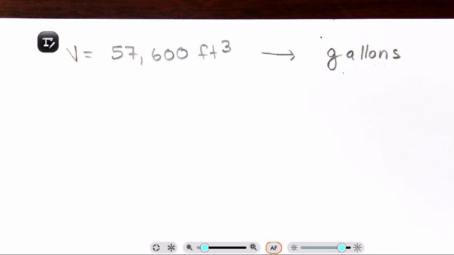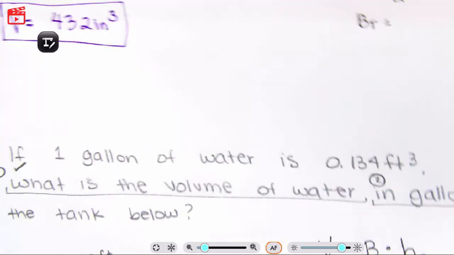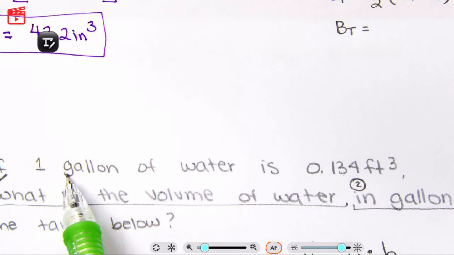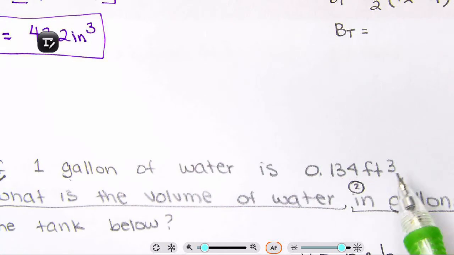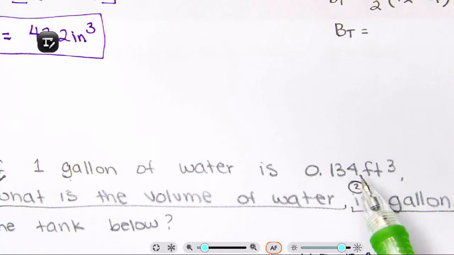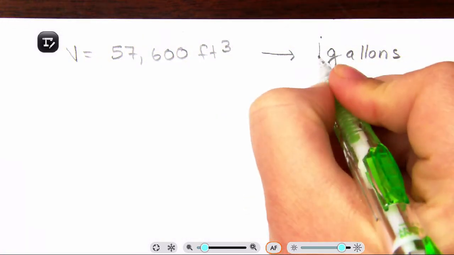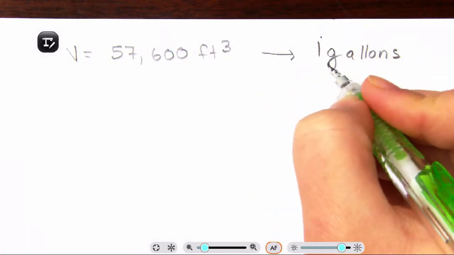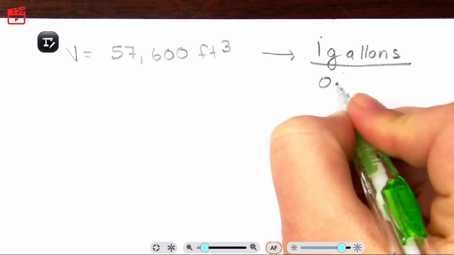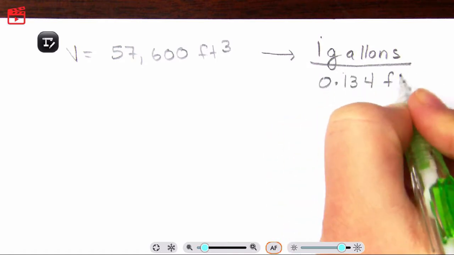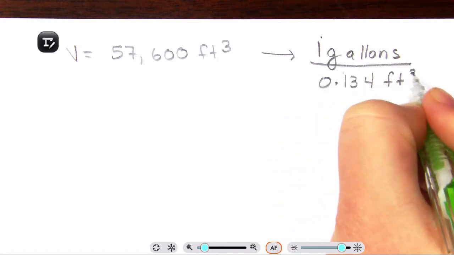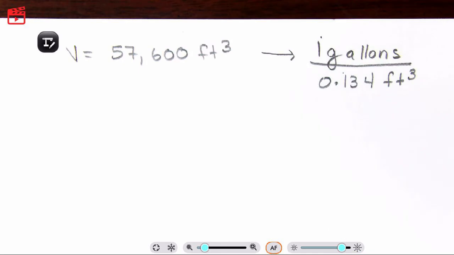Well, in the question, it says that 1 gallon is 0.134 feet cubed. So if you are in chemistry, you're going to be doing conversions a lot.